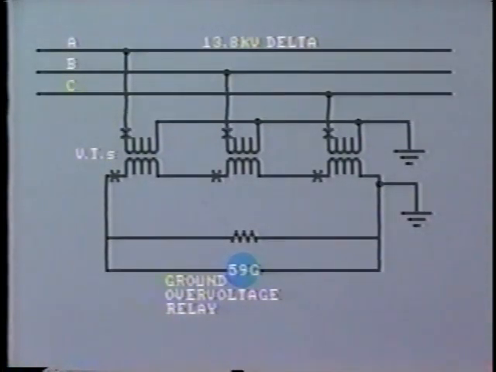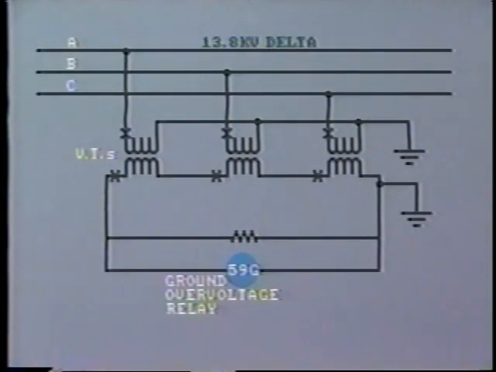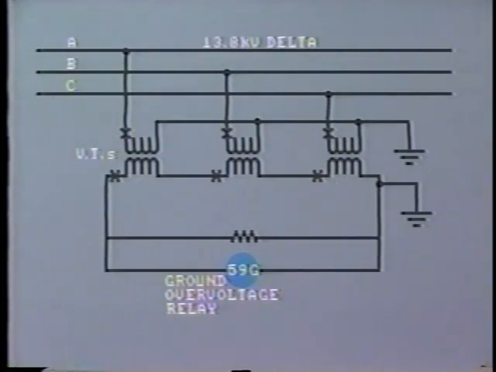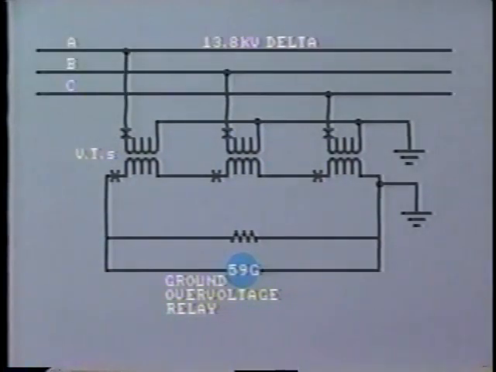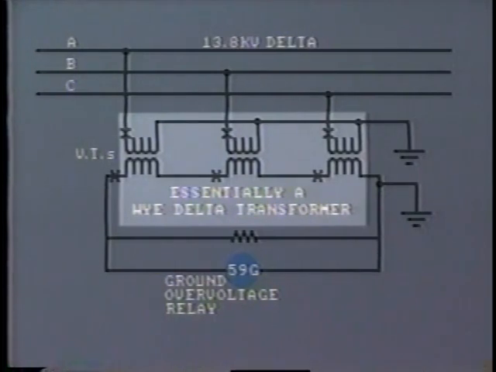However, there are sometimes areas of a distribution system operating at, say, 13.8 kV connected in delta, and therefore have no accessible neutral point. In this case, ground detection equipment is usually installed as shown here. This is, in essence, a Y-delta transformer.